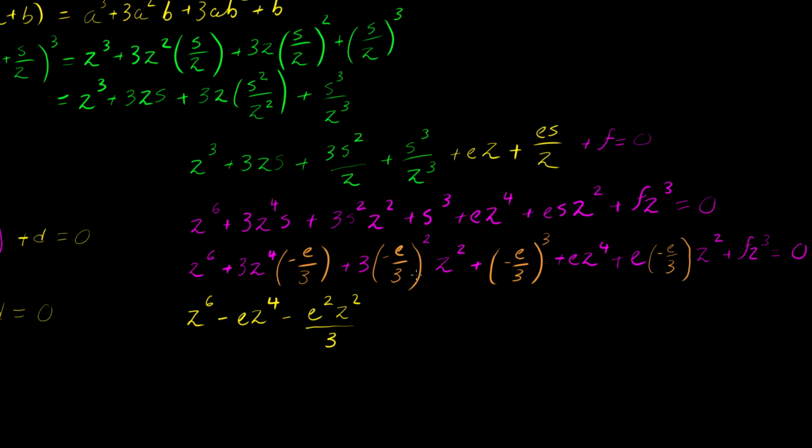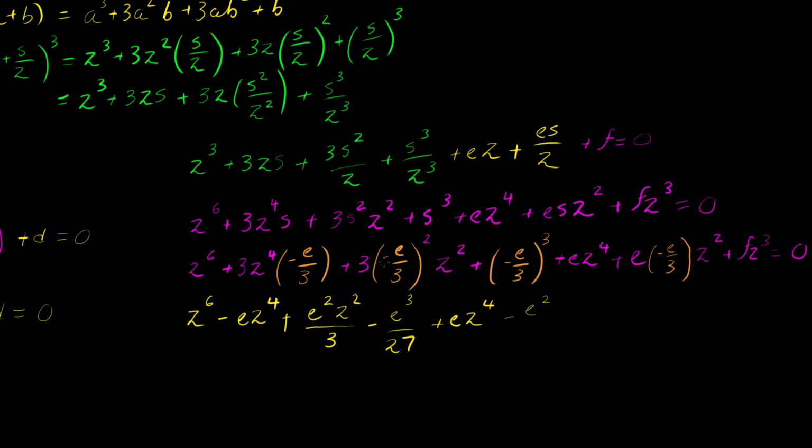And then we've got our plus, well, it's actually going to be a minus. It's going to be e cubed over 27 once we cube the numerator and the denominator, and then we've got our plus e times z to the 4th. And then here we're going to be left with a minus e squared over 3, e squared z squared over 3.